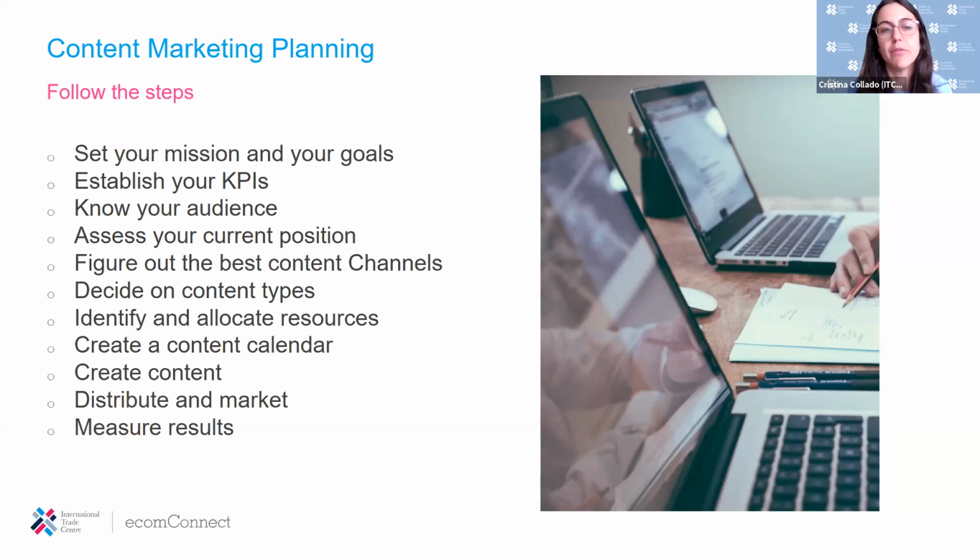Because some of your content, I'm sure it's really working, some is not, but you need to know which one is working. And from the one that's not working, how could you improve that? Because you can always reuse it and modify and improve it. This is super important. Which is the best content, the best channels for your content?